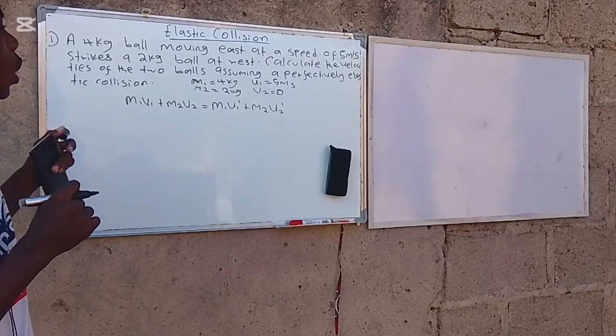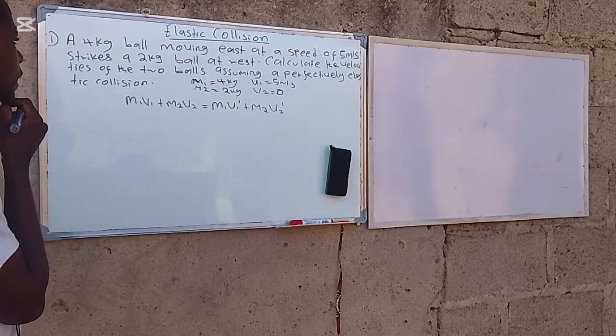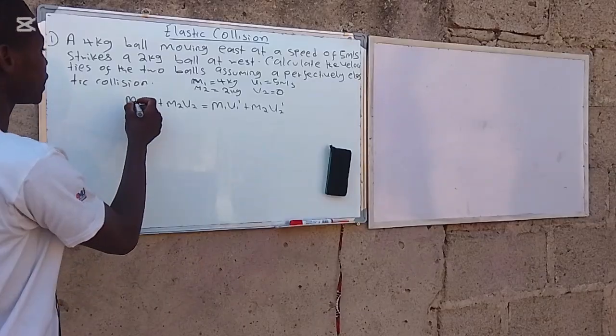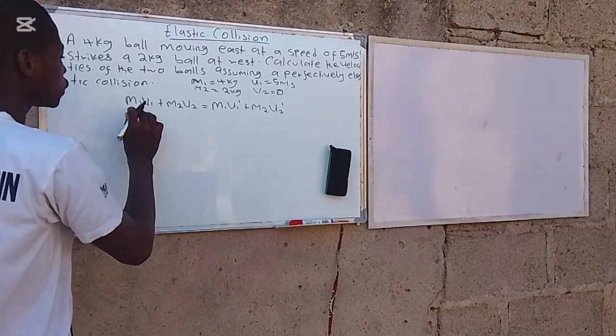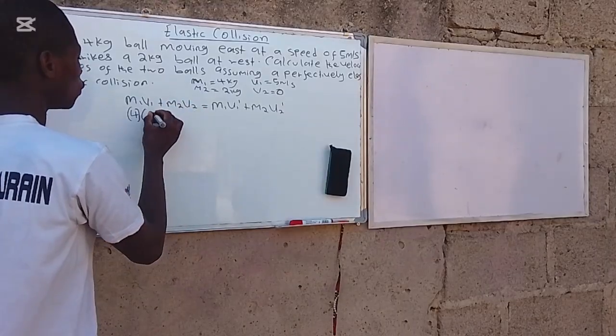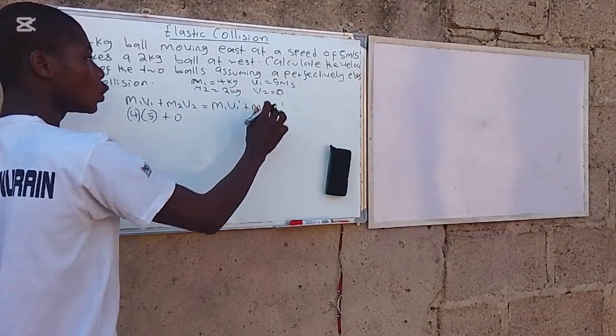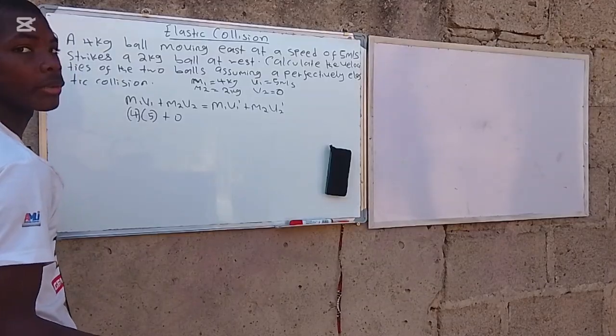So what am I going to do next? The next thing I'm going to do is substitute the values. M1 is 4 multiplied by v1 which is 5, plus 0, because m2 multiplied by 0 will give me 0.